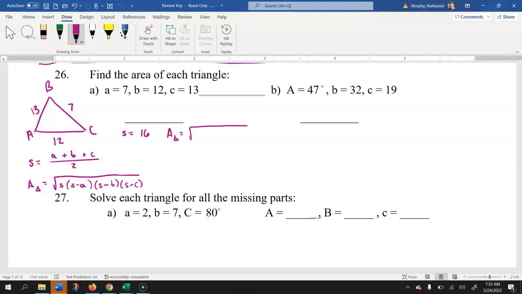All right, so for this problem, we would take our semi-perimeter, which is 16, times the difference between, I'll just write it out, so 16 minus 13 times 16 minus 12 times 16 minus 7.